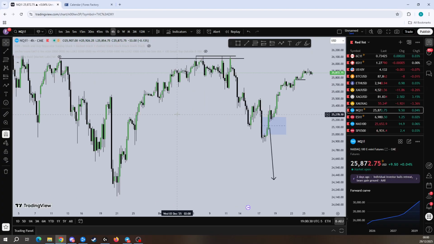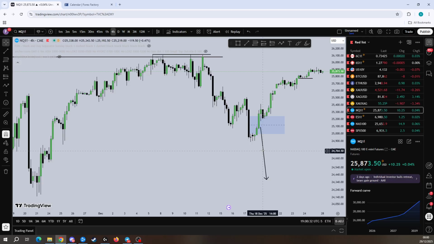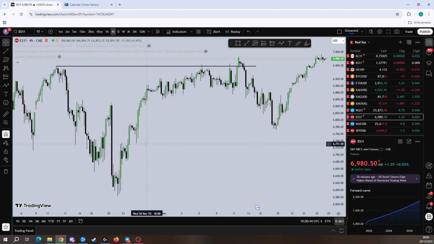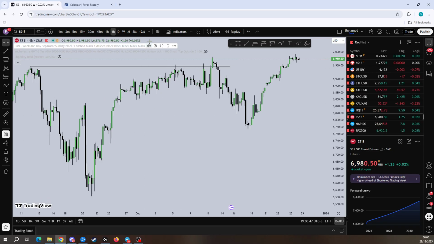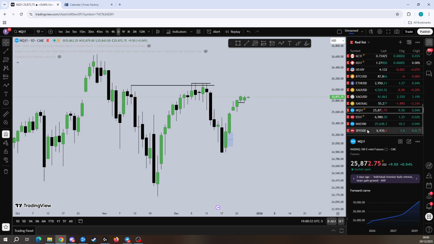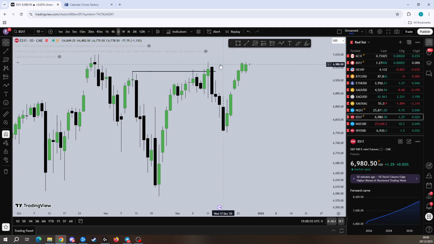I mentioned that I wanted to see longs on NQ after we've taken out these lows here, but then we just continue to sell off here. But now, have we taken out this low? No, we haven't. If we go on the daily, we came into the daily fair value gap, and now we're starting to see a push higher.